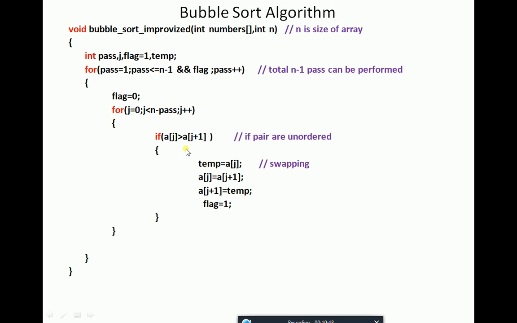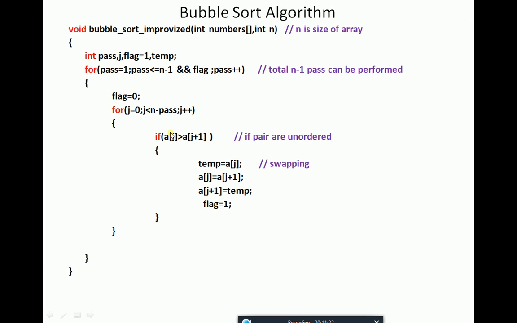Now coming into the inner loop, let's suppose wherever the comparisons are performed, no swapping is done, that means this condition will always fail. The value of the flag will remain 0, and when you go back to the outer loop, this flag is already 0, so this loop will not execute further, and the control will exit from here.